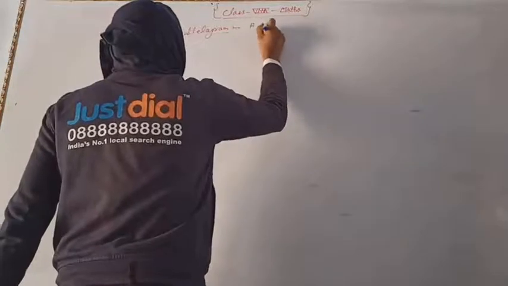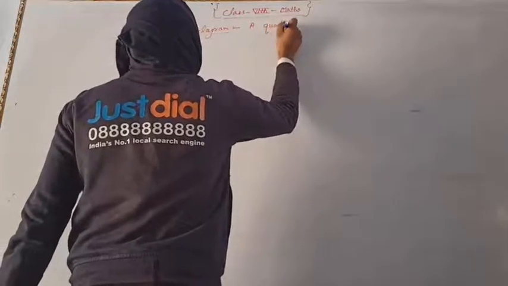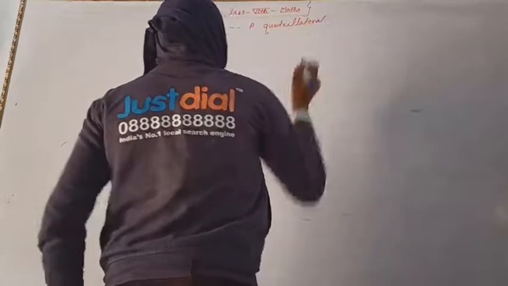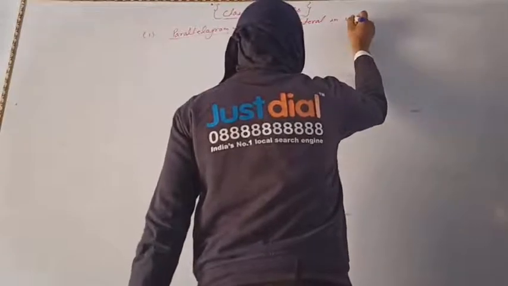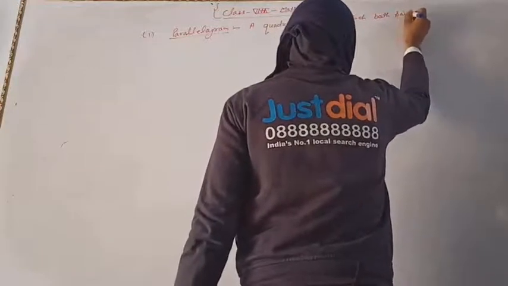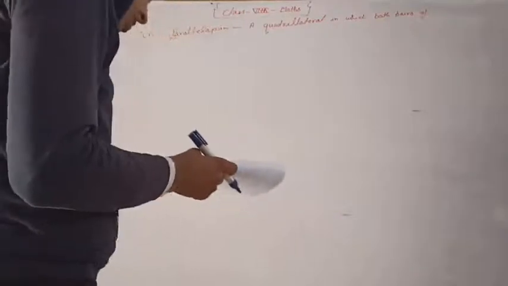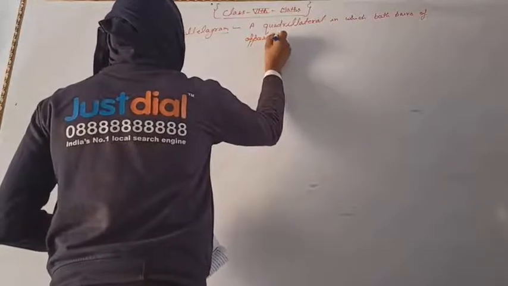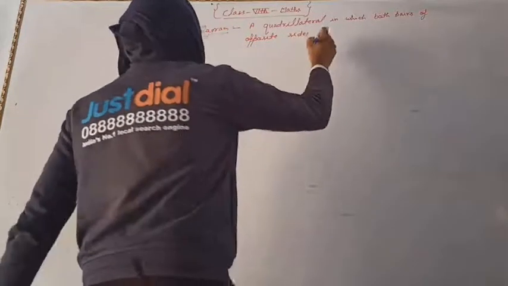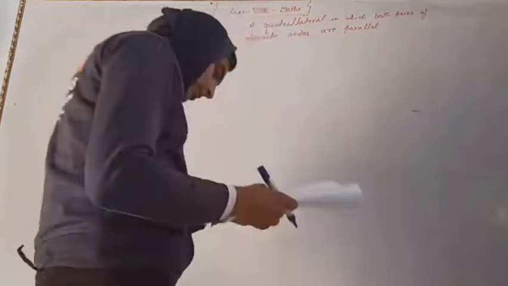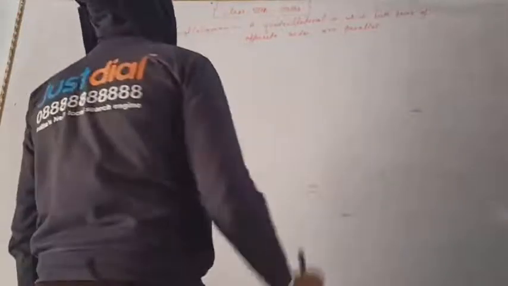A quadrilateral in which both pairs of opposite sides are parallel is known as a parallelogram.